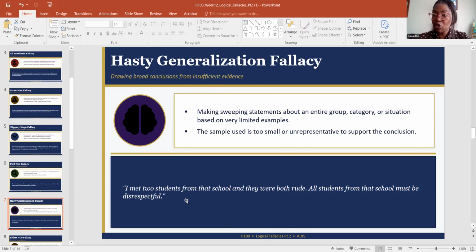And I'm sure being AUIS students, many people make hasty generalizations about AUIS. They maybe see one student driving a fancy car and they say, you see, only the rich kids go to that university. That is actually not true. It's incredibly false. We have a wide demographic of students. So that is called a hasty generalization.